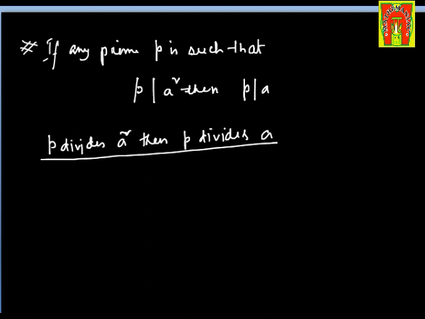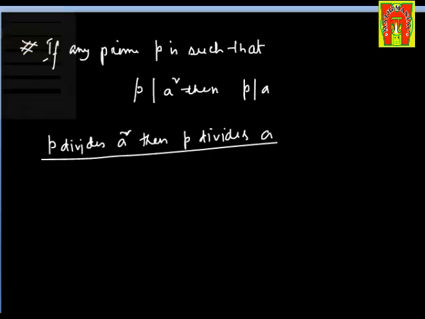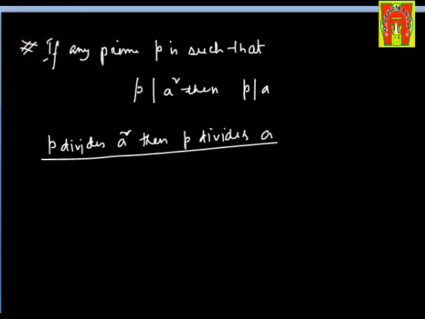I will explain what we understand from this. You see, in the last slide we got the fundamental theorem of arithmetic, which tells that every integer can be expressed uniquely as the product of its prime factors.